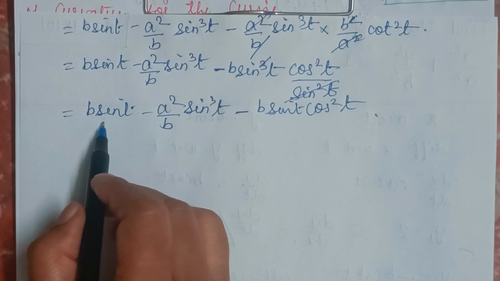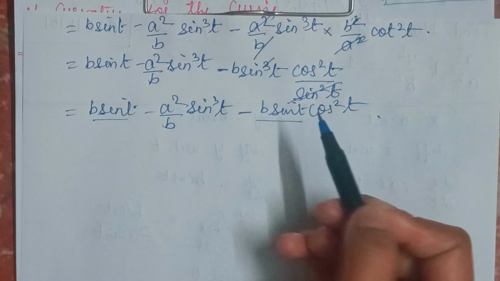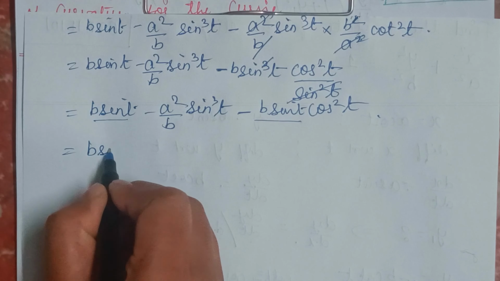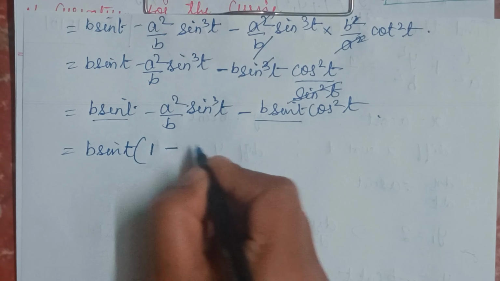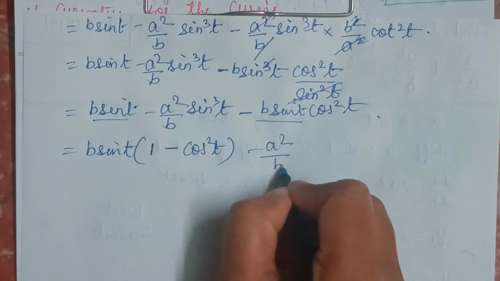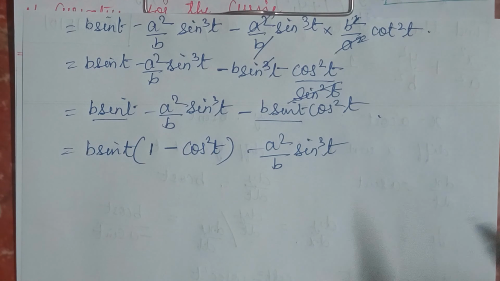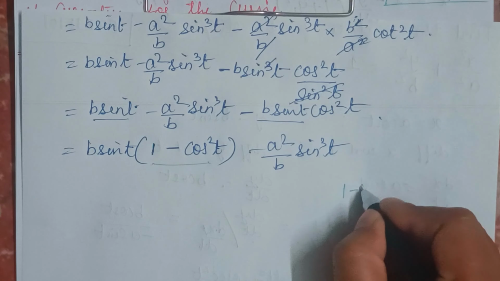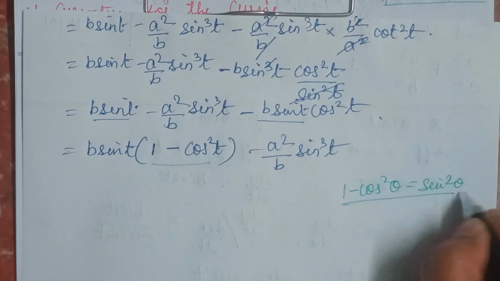Now here b sine t and b sine t can be taken common. So I'll take b sine t common and I'll take 1 minus cos square t, minus a square by b sine cube t. And if you remember, 1 minus cos square theta can also be written as sine square theta.